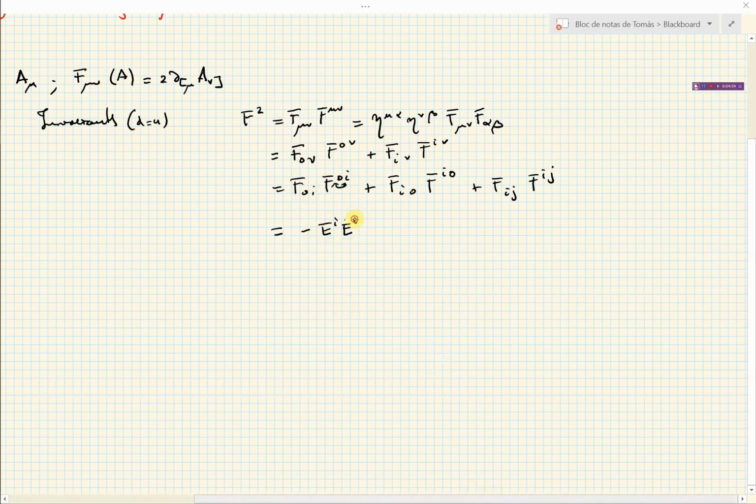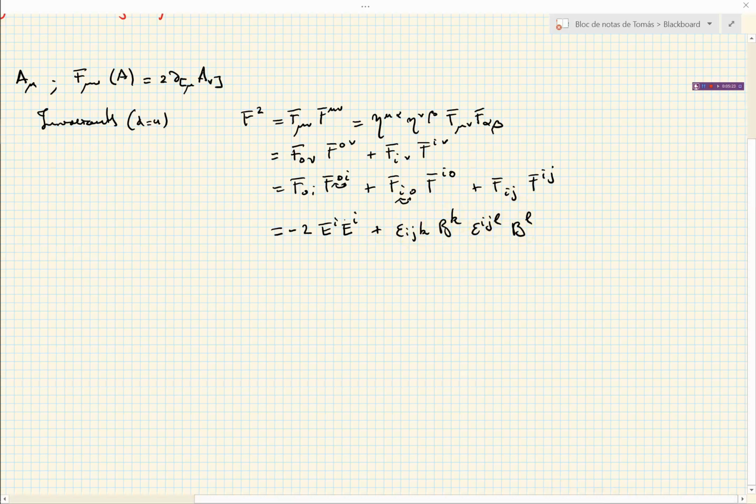And here in the second term I will interchange these two, and this would be Ei and this minus Ei, so in total I get minus 2 Ei. And here, the sign is irrelevant because this appears squared. I know that this is epsilon ijk Bk and epsilon ijl Bl. So these are three-dimensional objects.